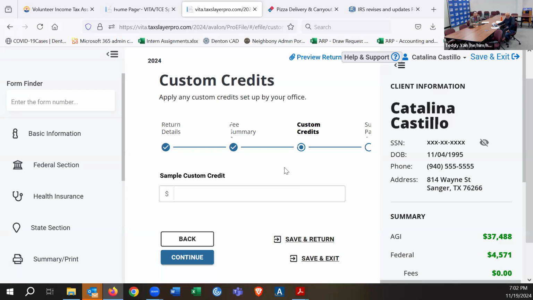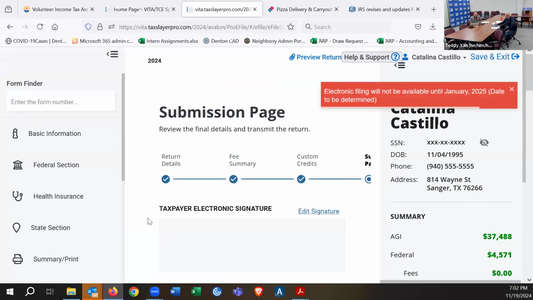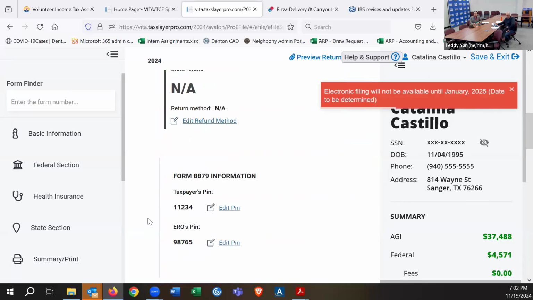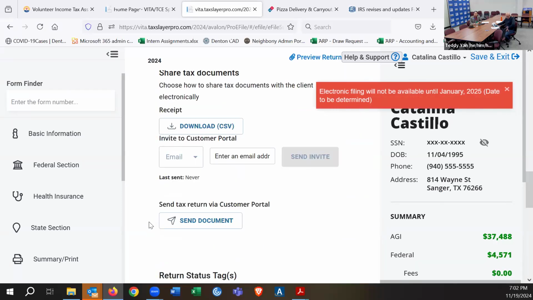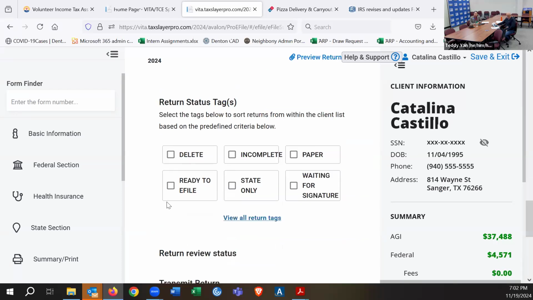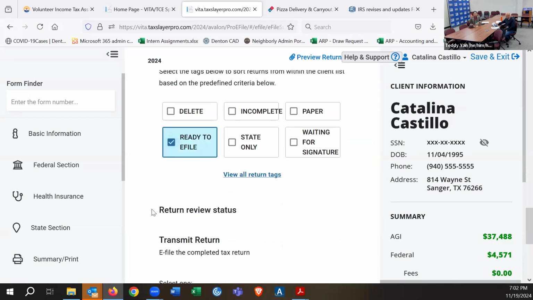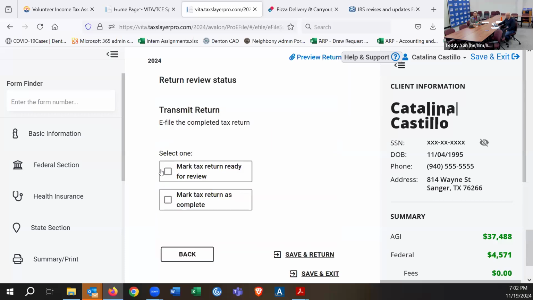There will be a section here with the custom demographics questions and potentially some custom questions that we ask locally. And then there's the final summary page where we would scroll to the bottom and we would click ready to e-file and any other appropriate boxes, plus mark return as ready for review.